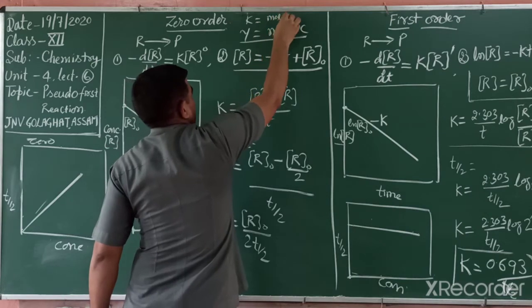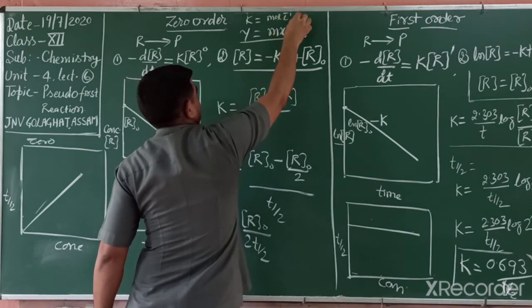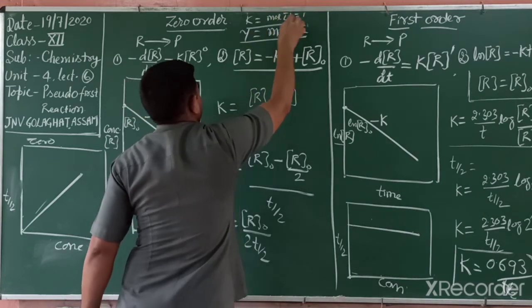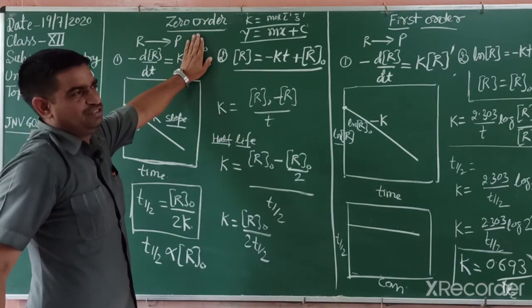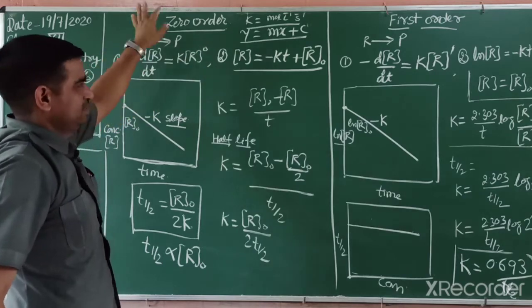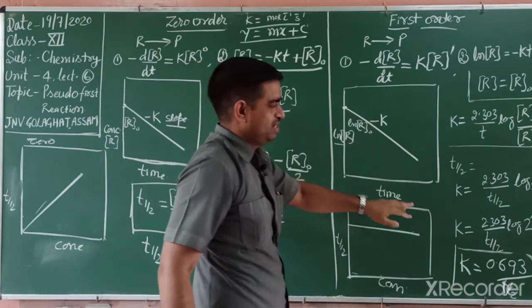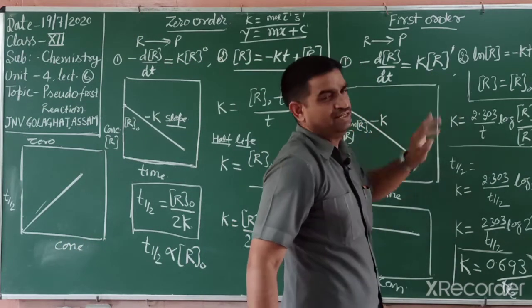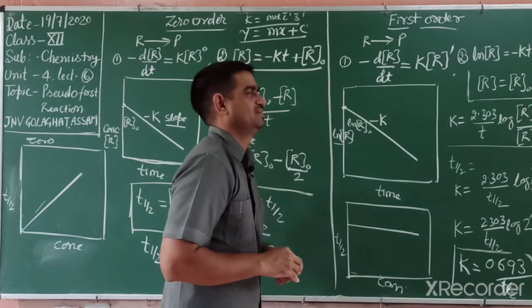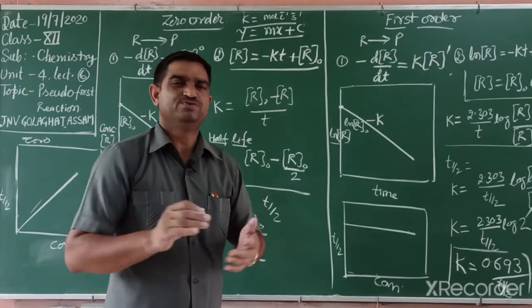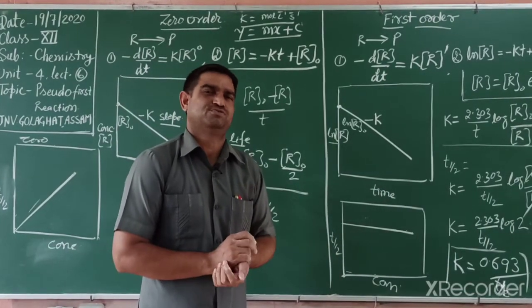Mole per liter per time, that is the unit of concentration, because R naught is 0, that is 1, so the unit is that of concentration. For first order, the rate constant unit is time inverse only: second inverse, hour inverse, minute inverse. So all radioactive disintegrations are first order reactions.